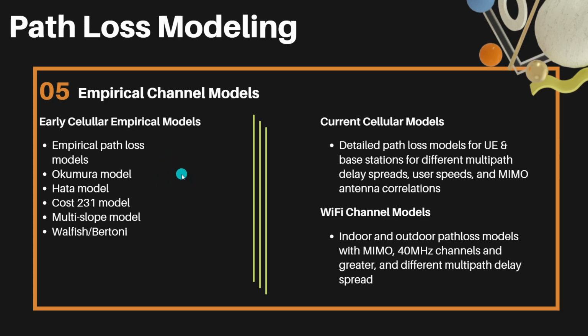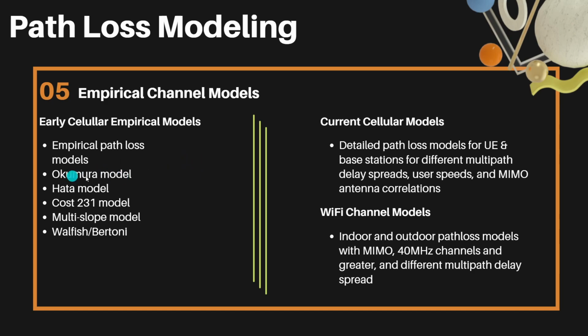in areas which are not suitable for millimeter wave, the existing channel modeling cannot be used. The early cellular empirical models are based on extensive measurement, and the examples are here. It has a disadvantage that these models are dependent on the location of the experiment.